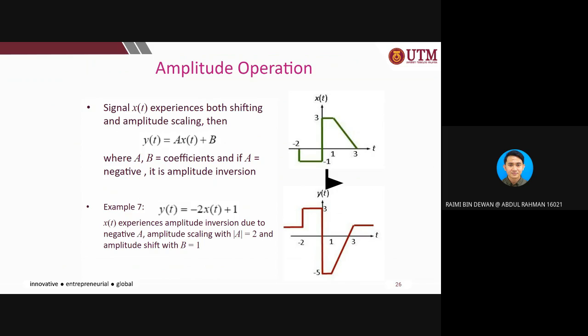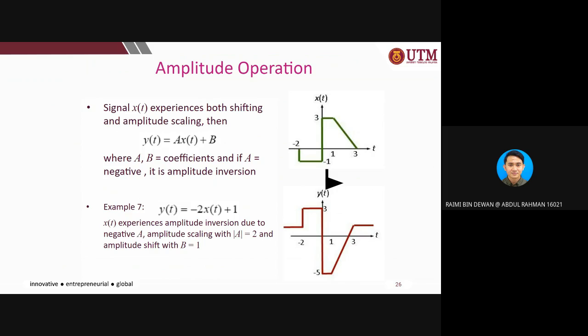In time operation, let's say you have time inversion, you will put a mirror in the middle. Your mirror will be a vertical mirror, in the same position as your vertical axis. But in amplitude operation, if we have amplitude inversion, your mirror will be aligned in parallel with your horizontal time axis.